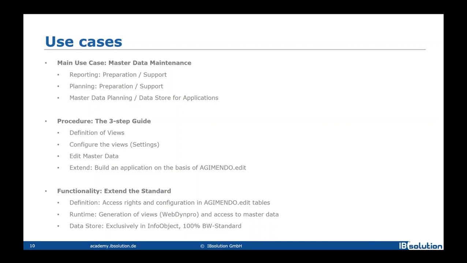Exactly. So the procedure to build a view in Agimendo.edit is simply that you create a view, you configure it to tell it which info object you want to see. There's a lot of options that we'll see later, and then you have a link where you can see your Agimendo view and edit directly in your table the master data.